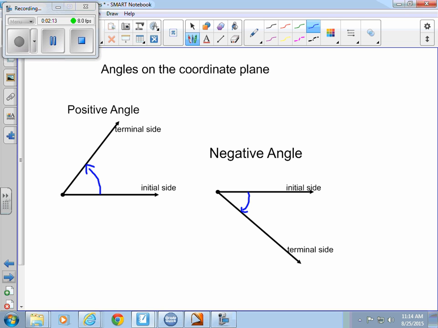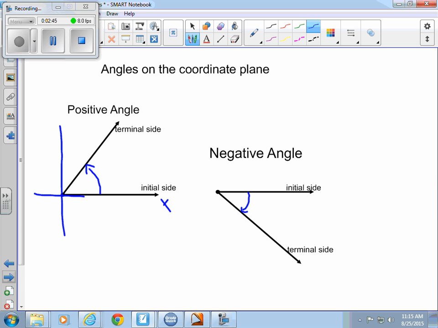The initial side of the angle is the starting side where the angle starts to open, and the terminal side is the ending side. On a coordinate plane, the initial side will always be the positive x-axis. If we go up from there, we get a positive angle, and if we go down from there, we get a negative angle.